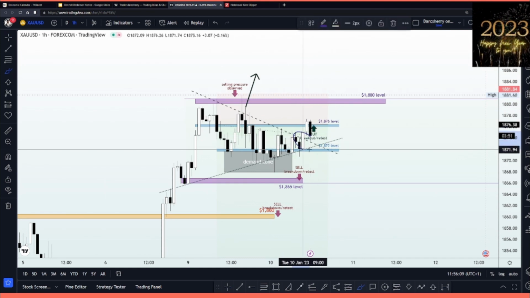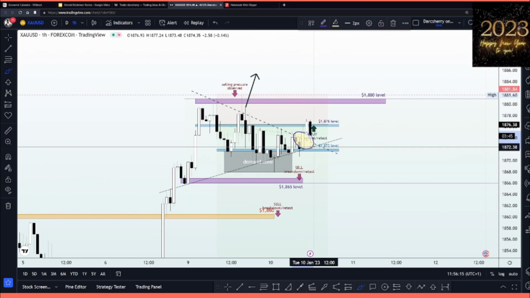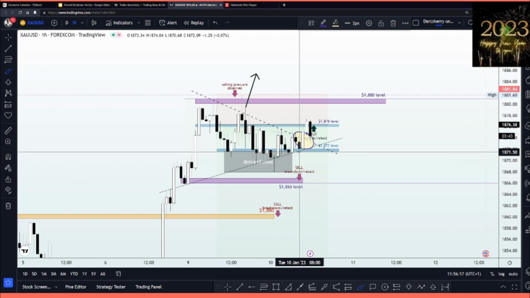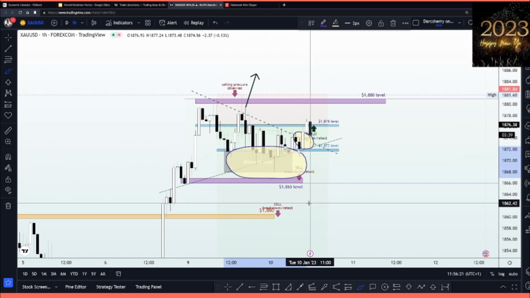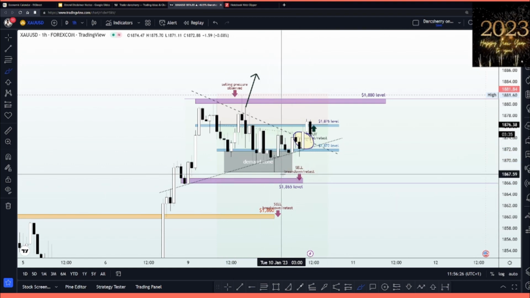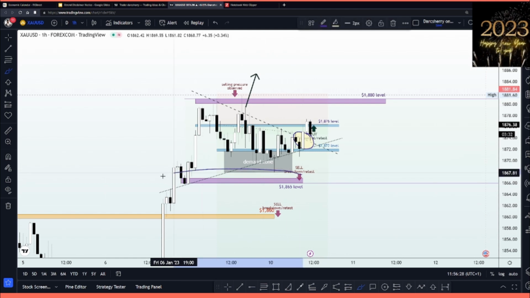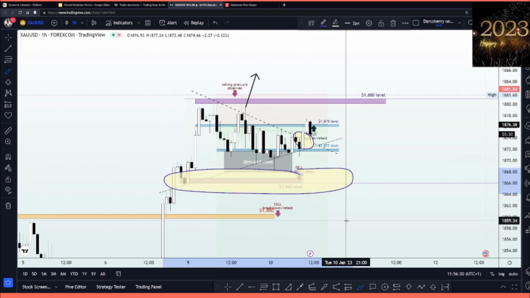We already saw a breakout of the trend line here, giving us a clue that buyers are coming in gradually in this market, coupled with the multiple rejection of the 1,870 level, giving us a new demand zone around that point, as price action is finding it very difficult to come into the support level at the 1,865.